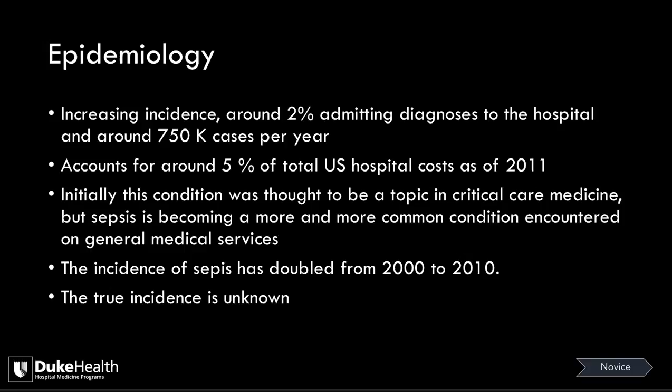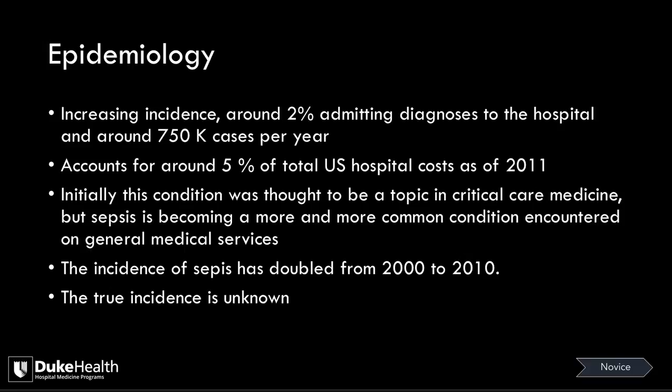Sepsis is actually a very common condition. Around 2% of all hospitalizations are billed as being related to sepsis. That equates to around 750,000 cases per year, and actually a sizable amount of total hospital costs. As of 2011, it represented about 5% of total hospital billing.